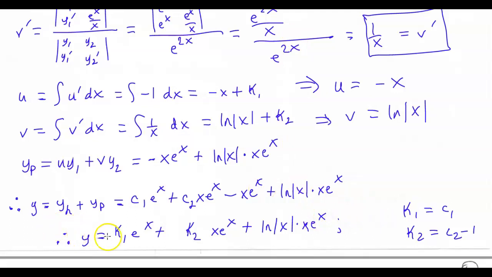And so this is what our actual solution would be to this particular non-homogeneous equation. So this is the process that we go through if we do it the traditional way, and of course using Cramer's rule to be able to solve for our u prime and our v prime. This is what an example of that would look like.